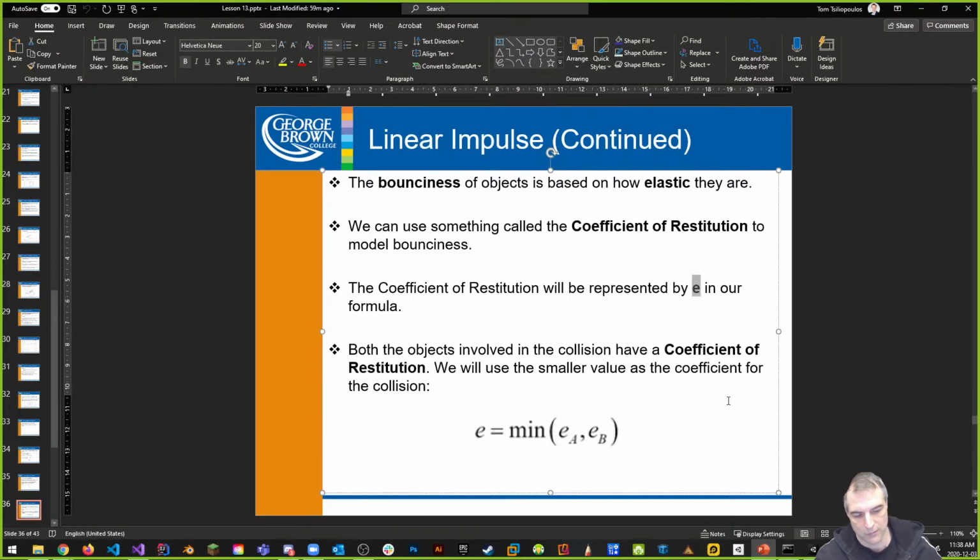So we take the minimum of those two to provide the coefficient of restitution of the system. We use that in our formula to see how much and how fast they bounce back, and what impulse is going to be driven back across the collision normal.